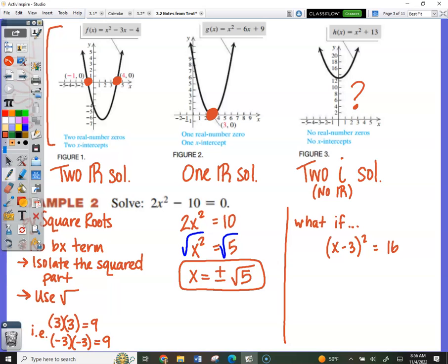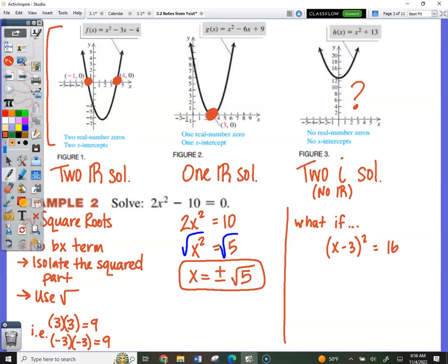Well, it's just this binomial that's being squared, which means you could solve this by square roots. You could multiply it out and then try to factor it, but that would be like reaching over your head to scratch this here when you really could just go like that, right?